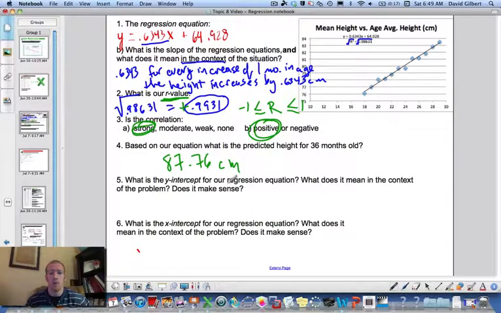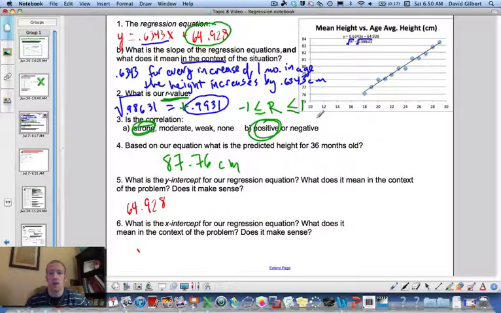Alright, what's the y-intercept of our regression equation? Well, our y-intercept is right here. So the y-intercept is 64.928. Our y-intercept is when the x value is 0.